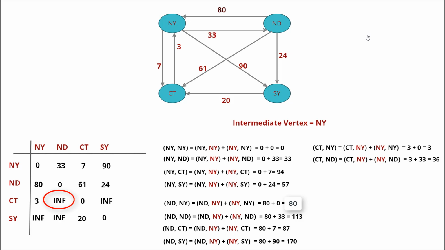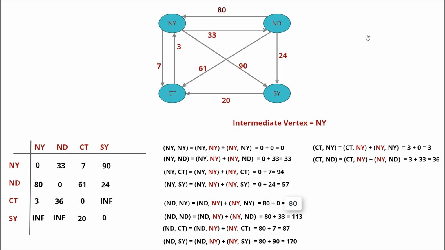Now we have to compare this infinity with the resulting weightage we got by inserting an intermediate vertex of NY. The resulting weightage we got is 36. Of course, 36 is lesser than infinity and we have to give importance to lesser weightage. So in our matrix, we will replace infinity with the resulting weightage we got by inserting an intermediate vertex of NY.